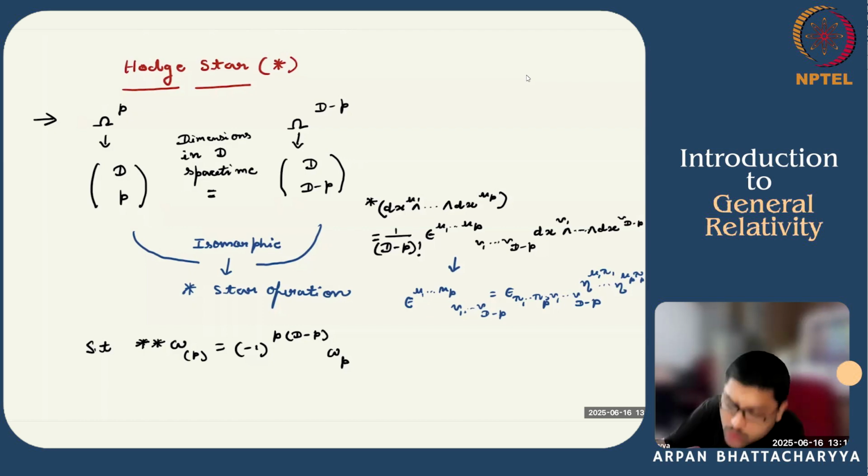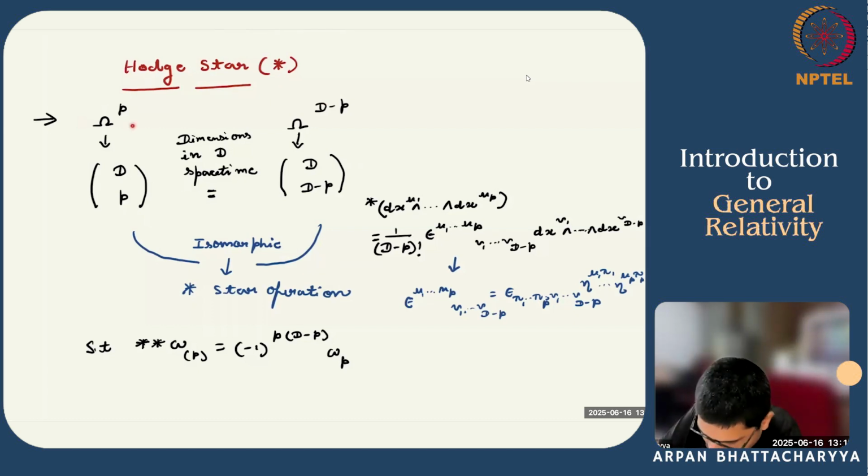Now, if two finite dimensional vector spaces have the same dimension, they are isomorphic. So we can map an element of here to an element here, and this is the Hodge-Star precisely.